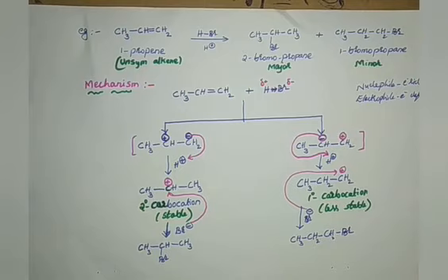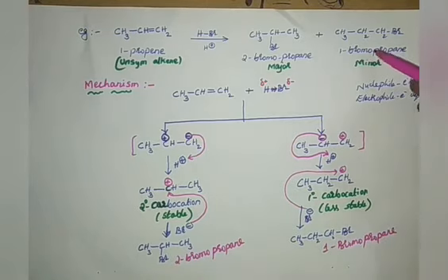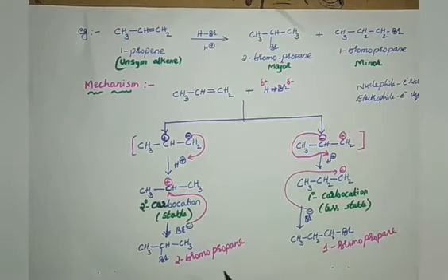Now, if you see, this is my 2-bromopropane, whereas this is 1-bromopropane. Now, as already said, 1-bromopropane is formed as the minor, 2-bromopropane is formed as the major.